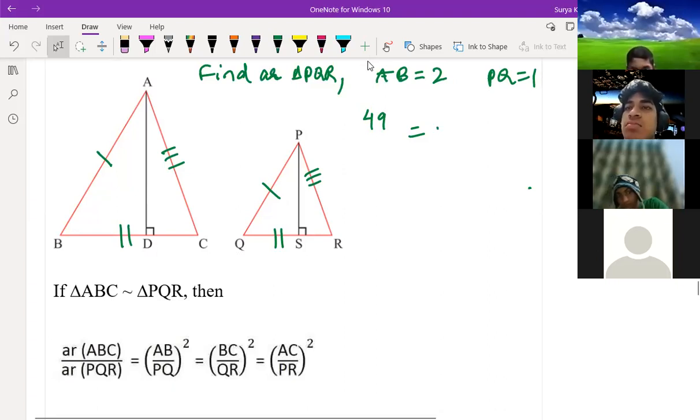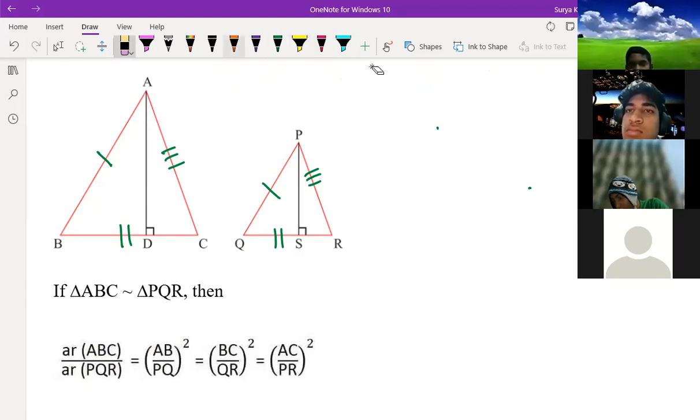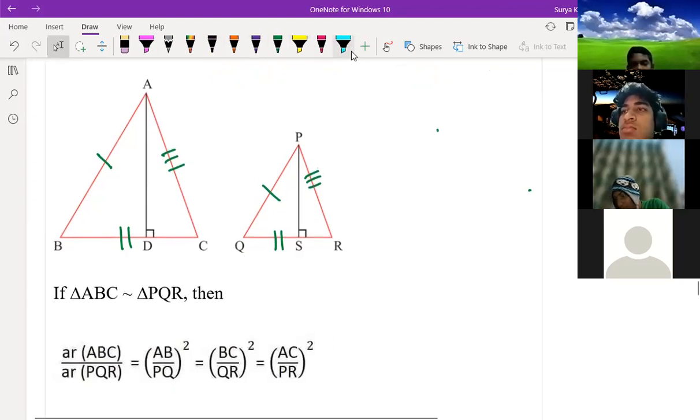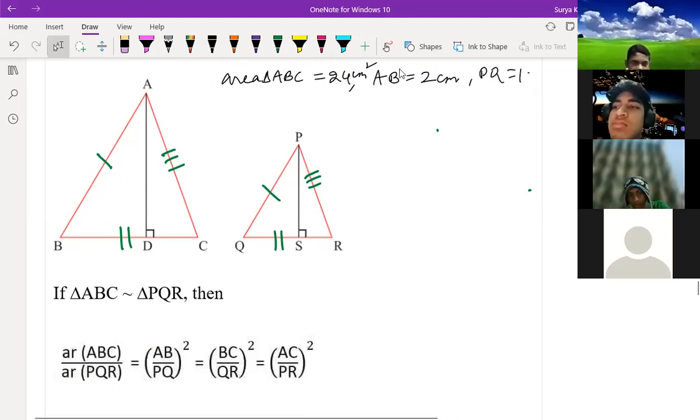Can you find it, children? One minute, just write it properly. So I'll give: area of triangle ABC is equal to 24 centimeter square, AB is equal to 2 centimeter, and PQ is equal to 1 centimeter.